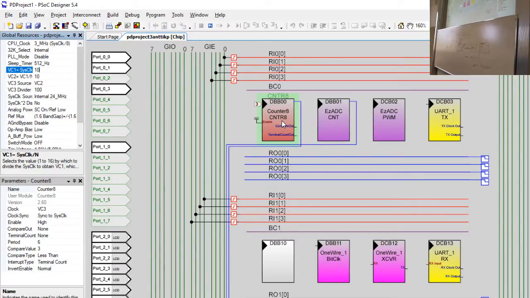So we change the divider. The current divider period is 6, so it's not a big deal. So divider 10, 10, 100. Now we have the divider of 60,000 for the system clock.